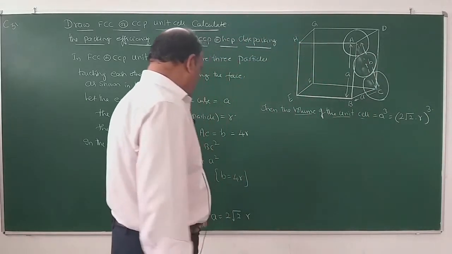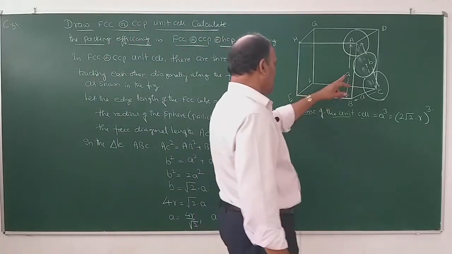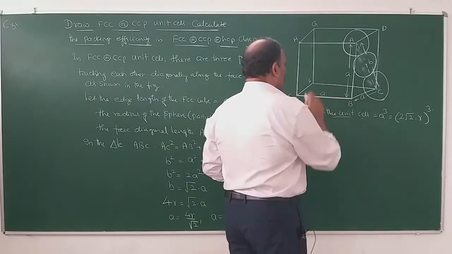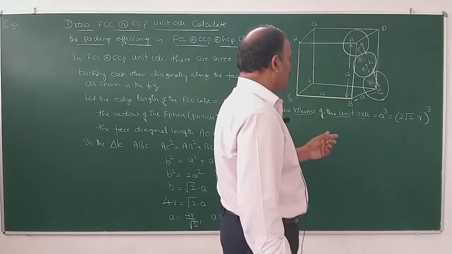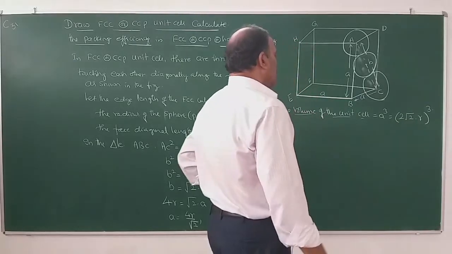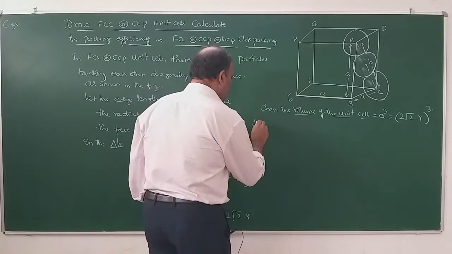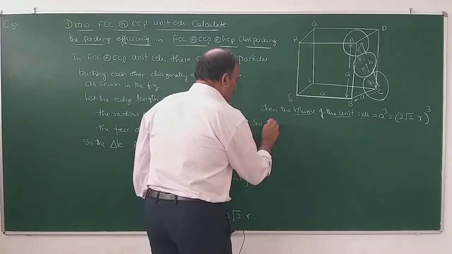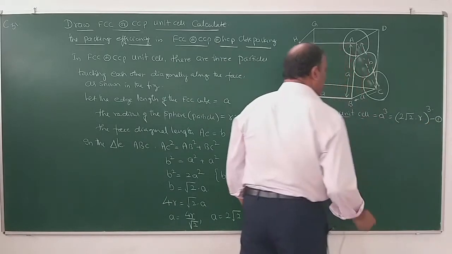If you know the edge length a, then the volume of the cube is equal to a cube. What is the value of a? A is equal to 2 root 2 r. So this is the value of a cube. Mark this equation as 1.